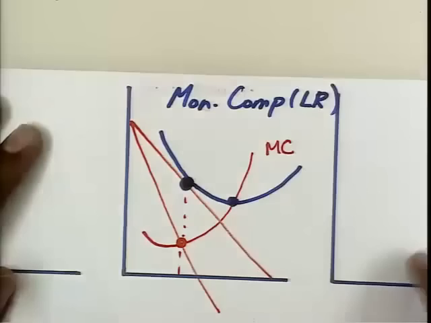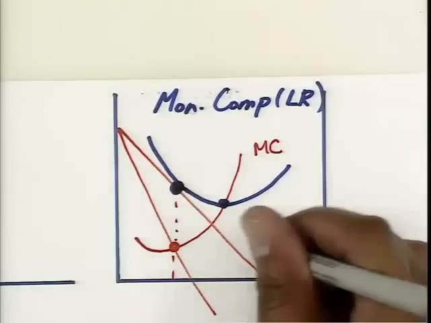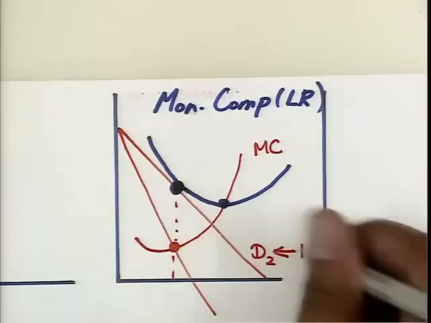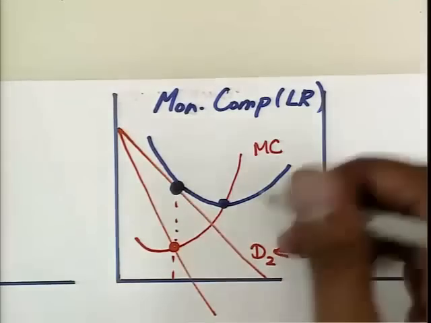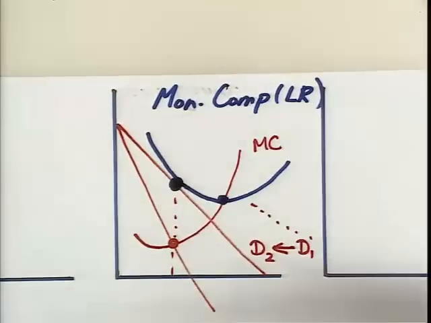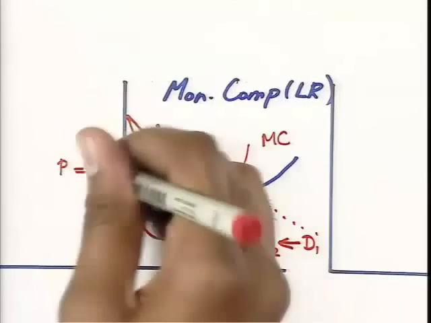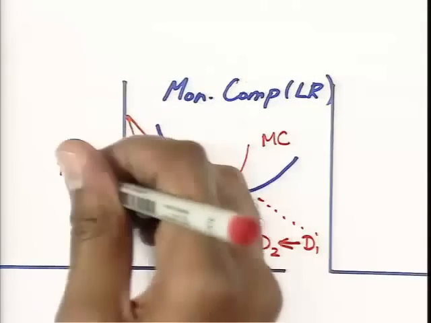Because new firms have entered the market, they've decreased demand, the demand curve has shifted from D1 to D2. D1 used to be somewhere there. Demand keeps decreasing as new firms come in. New firms steal demand from old firms. Keeps shifting until the price and average cost are equal.